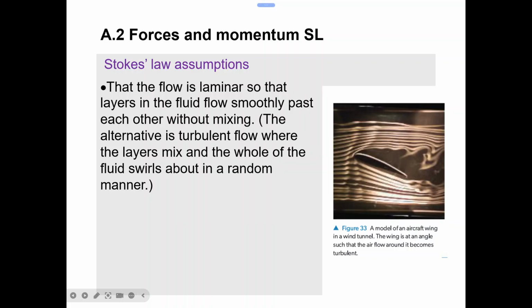So here, look at this. This side is like everything is in order and they pass through each other smoothly, right? This is what we call laminar flow. Here, you see those swirls, right? Everything appears to be more chaotic. This is what we call turbulent flow.